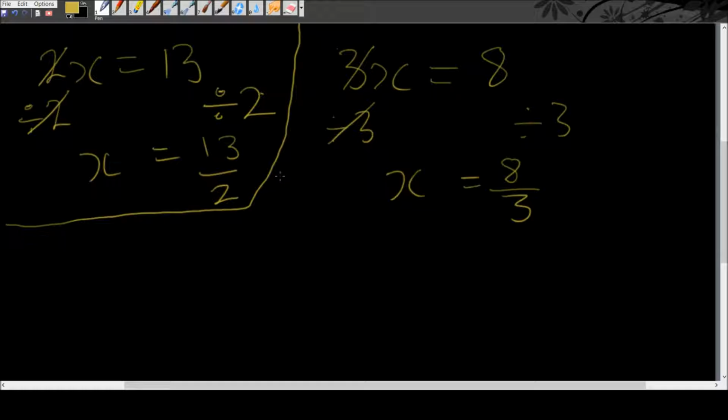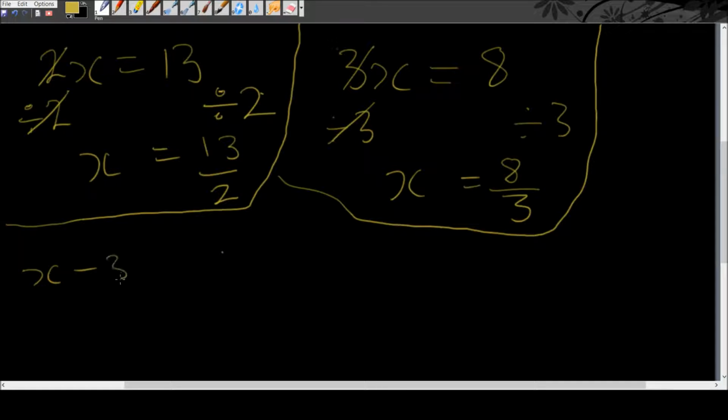And you just leave your answer like that, unless they specifically tell you to convert your answer to a decimal or whatever. But you just leave your answer like that if they don't specify anything that you need to do. Okay. So basically what I'm trying to get at is you can leave your answer as a fraction if need be. Okay. Let's do again just a few more examples of one-step equations.